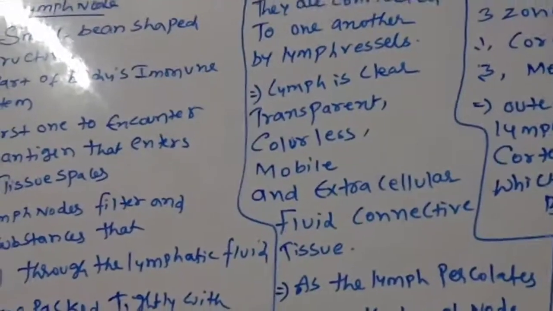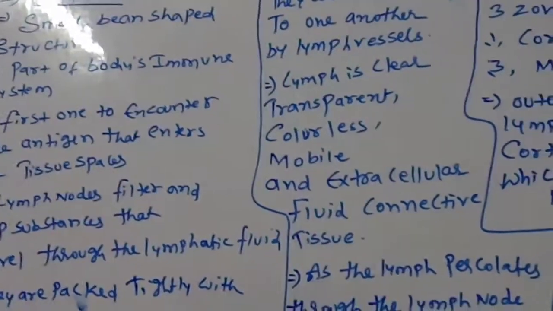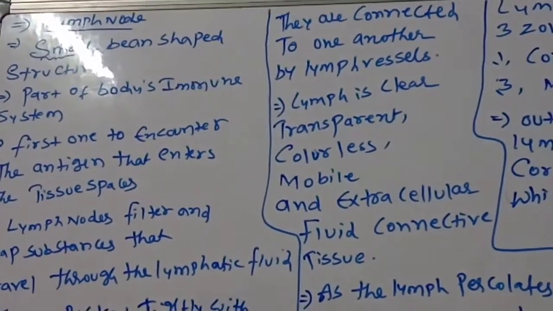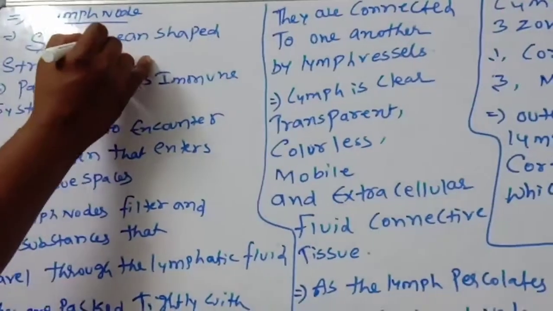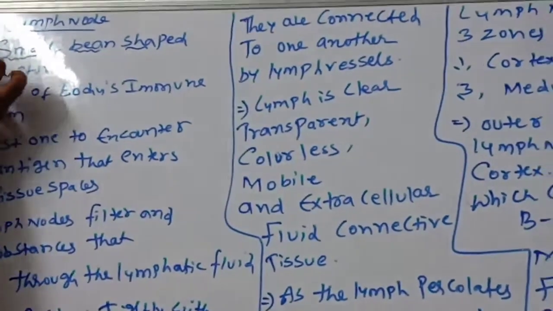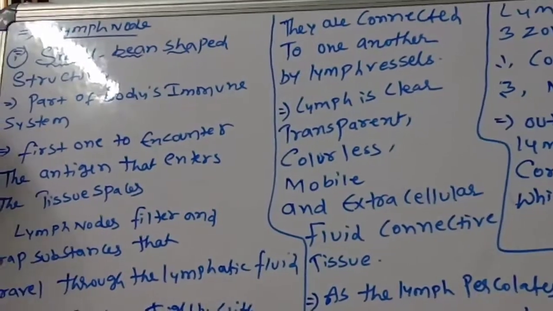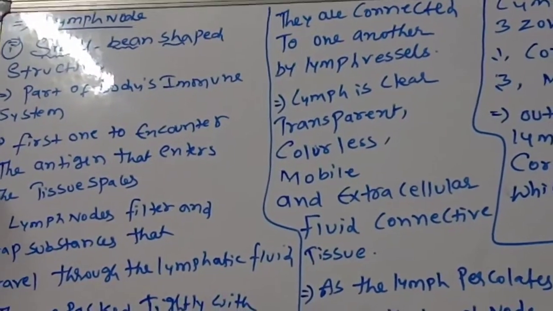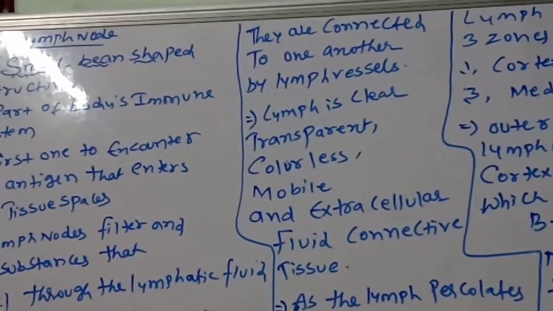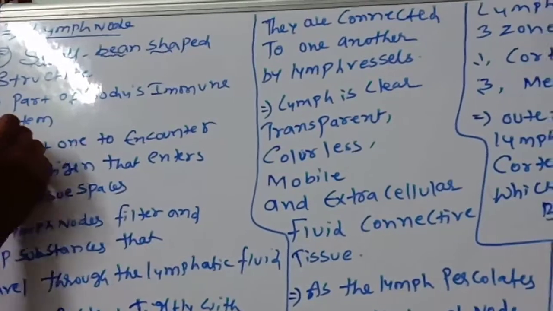Okay, children, observe very carefully. The lymph node is small and bean-shaped. First point clear. The lymph node is, as you know very well, a secondary lymphoid organ.